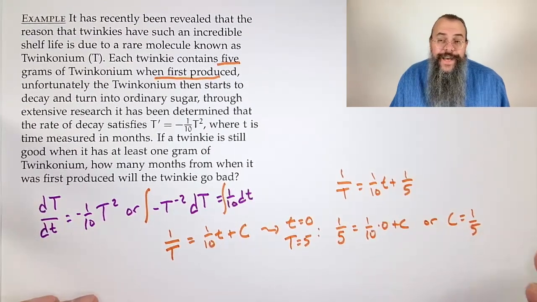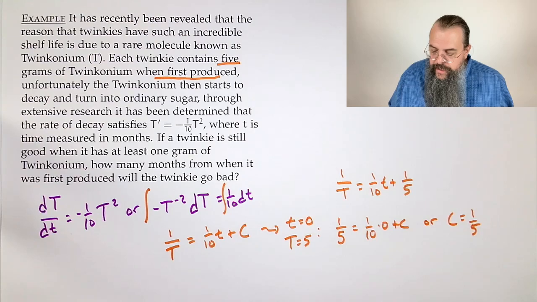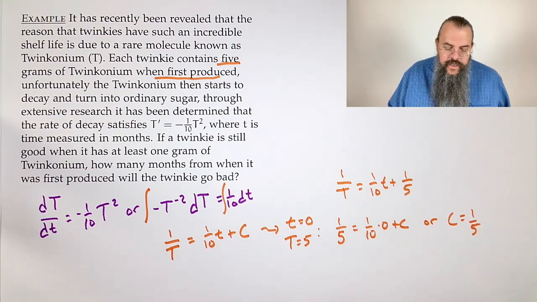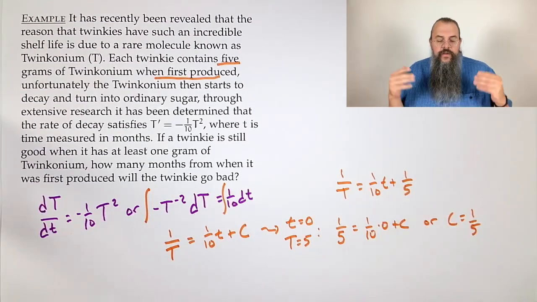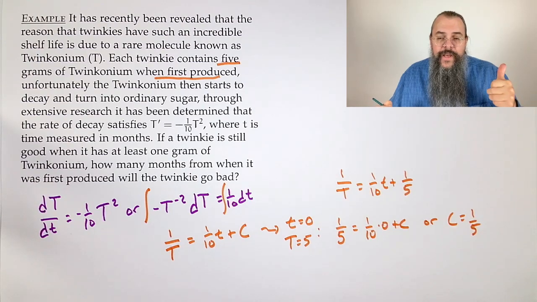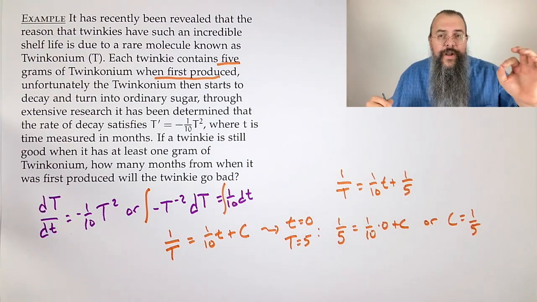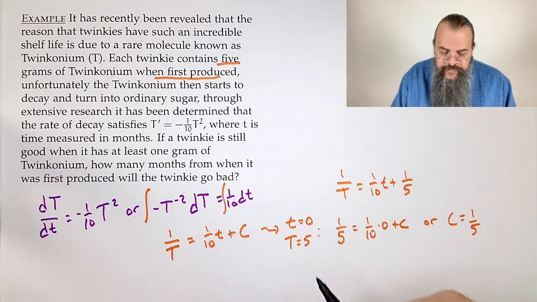Now, what are we after? We're after the question, how many months until the Twinkie goes bad? Well, it's good when it has at least 1 gram. So that borderline case is when do we hit that 1 gram measurement?